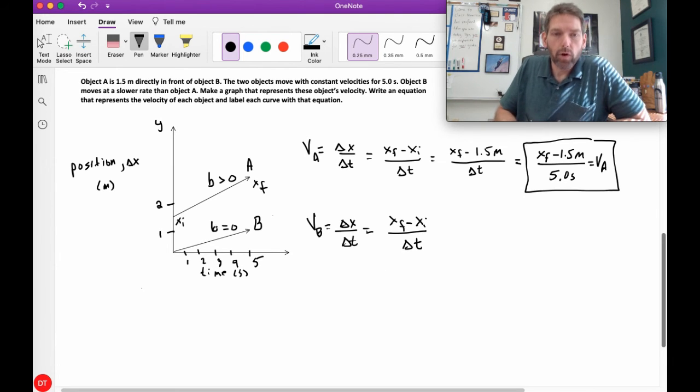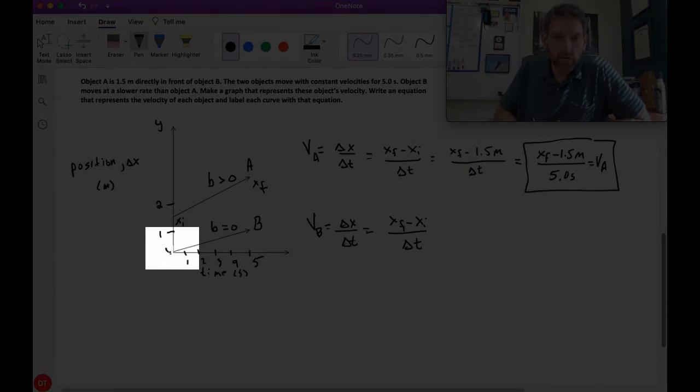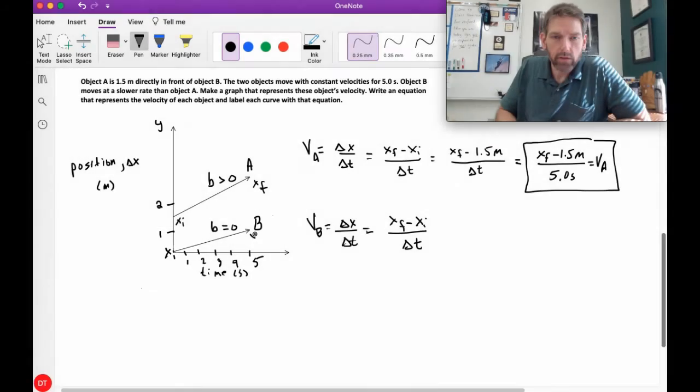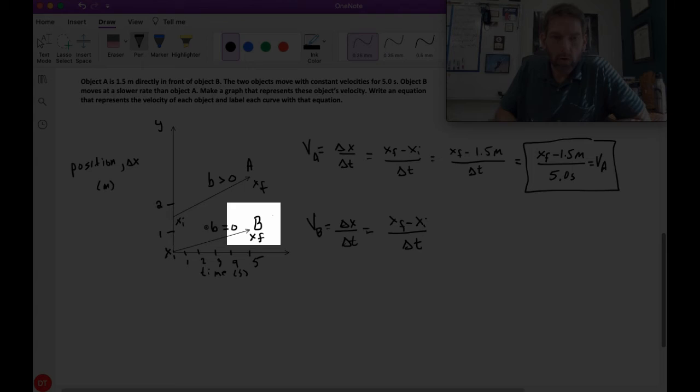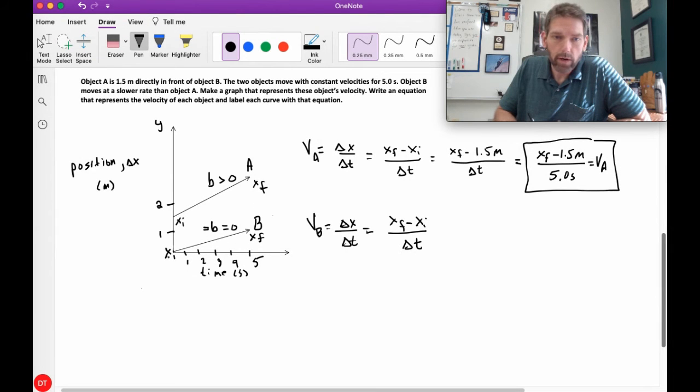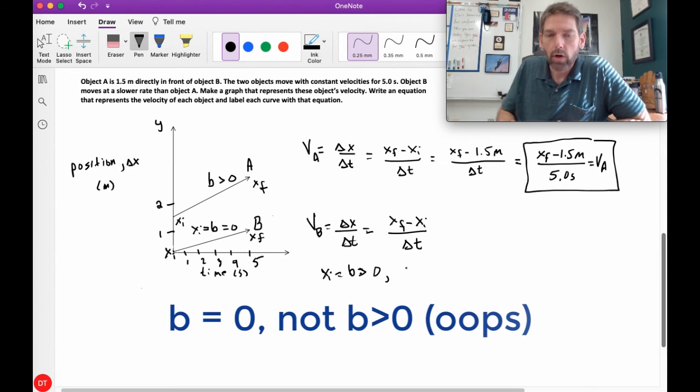All right, so if we know that this is our initial and this is our final, then we know that B equals our initial. So right here, we know the condition is x initial equals B, which is greater than 0.